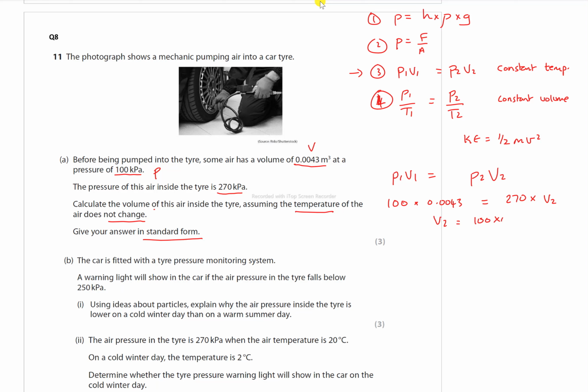It's 100 times 0.0043 divided by 270. So the volume 2 equals 0.0016 meter cubed. But they want it in standard form, so this is where your maths kicks in. There you go, meter cubed.